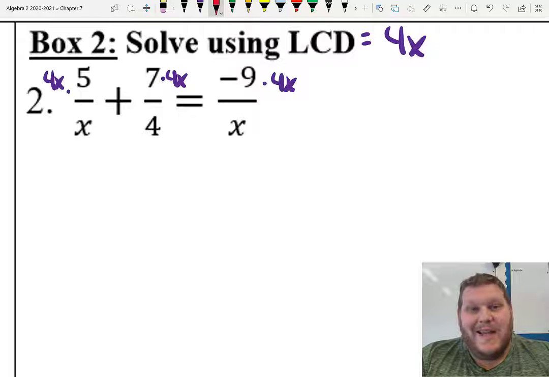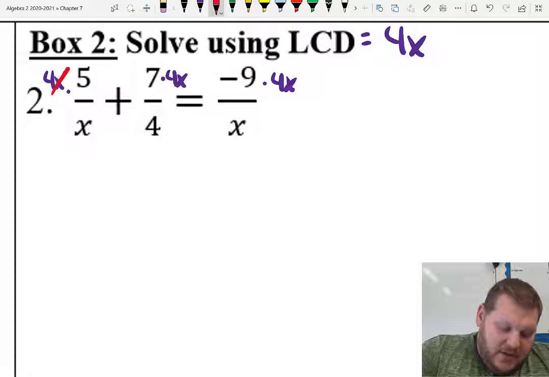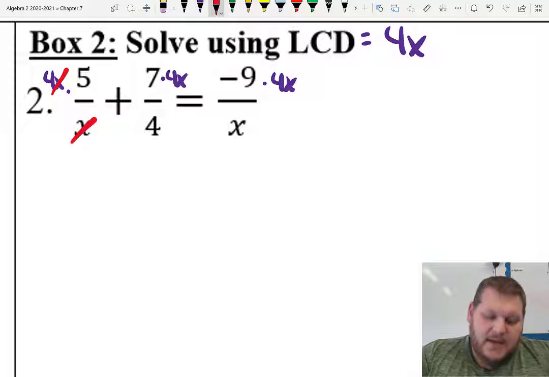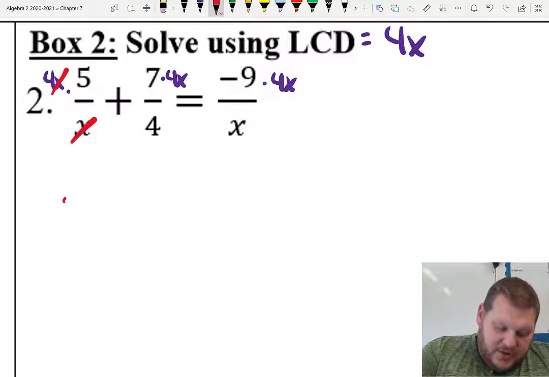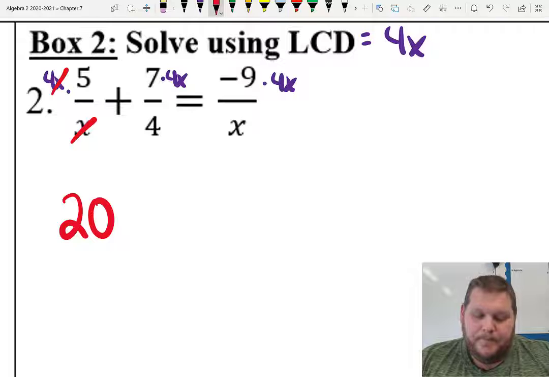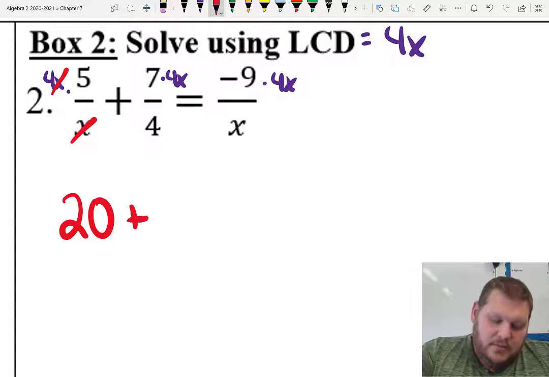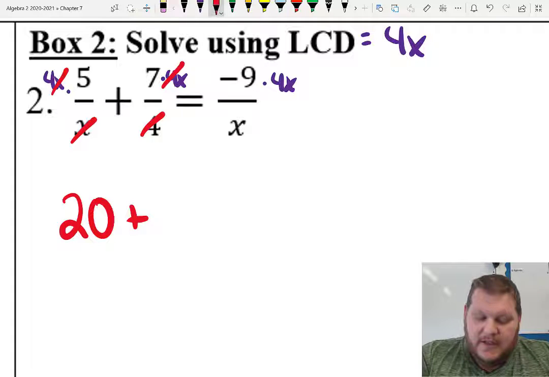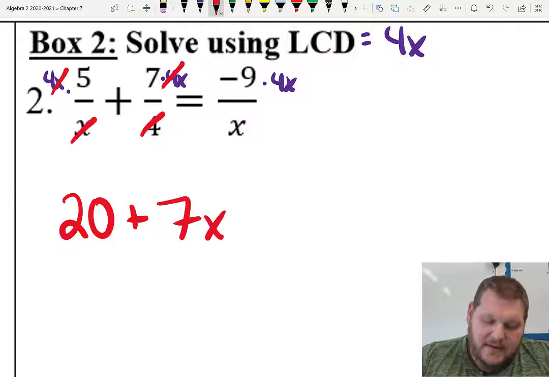And then just like we did with complex fractions, we're going to cancel out whatever's in common. In this first fraction, my x's cancel, leaving me with 4 times 5, which is 20, plus, in my middle fraction, my 4's cancel, which leaves me with the 7 and the x, equals.